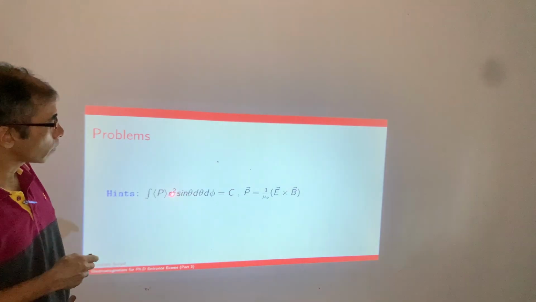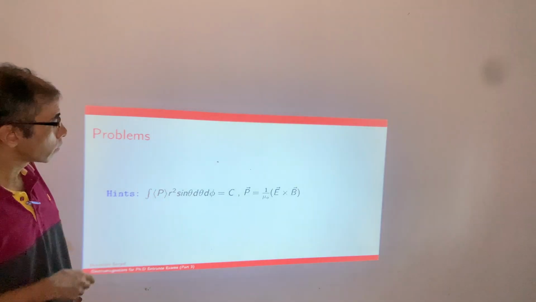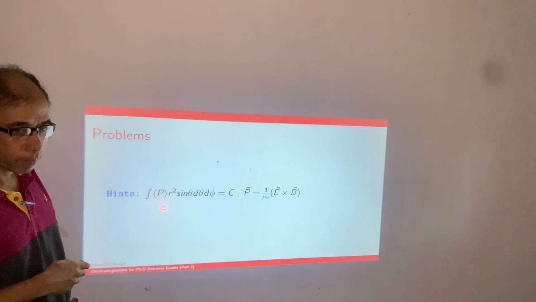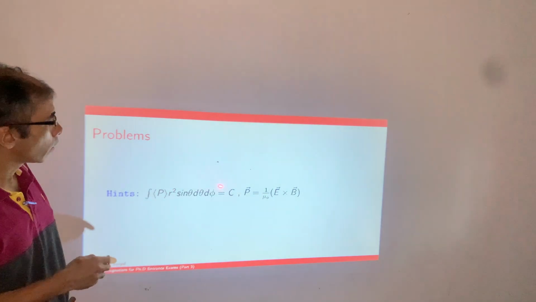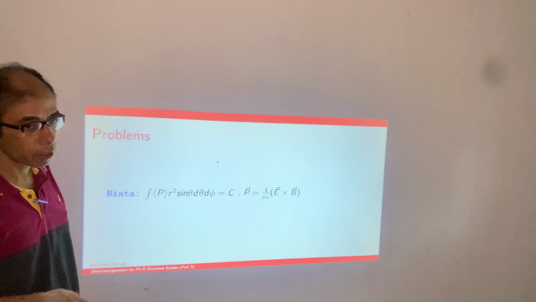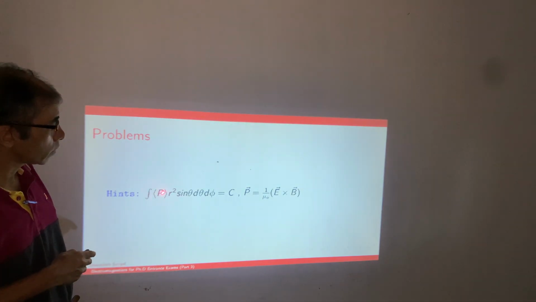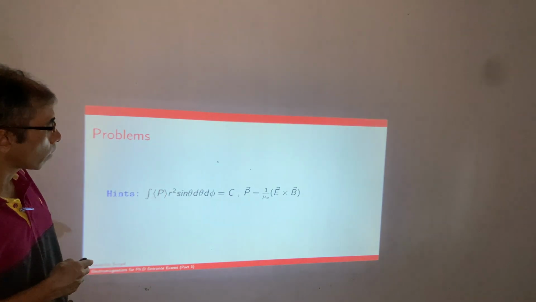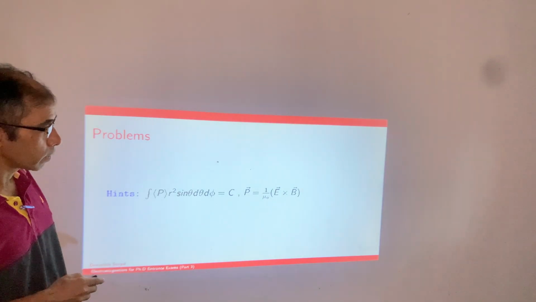So this is independent of r, that means P average, time average, should also go as 1 by r square. Then only this r square and r square will cancel, and this entire thing will be independent of r. So if this goes as 1 by r square, then what happens?